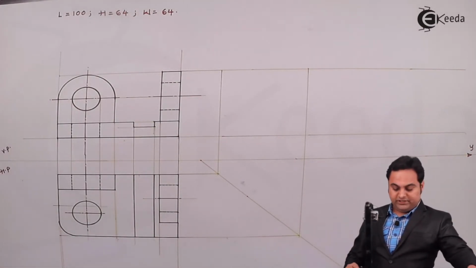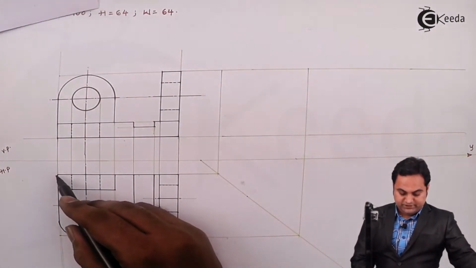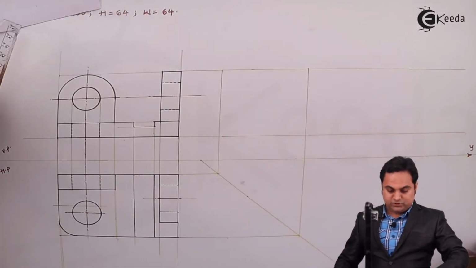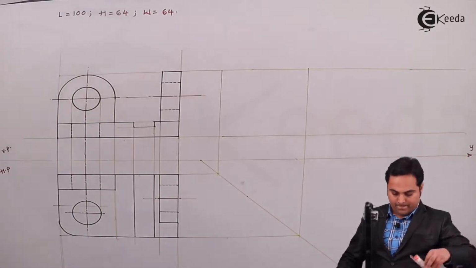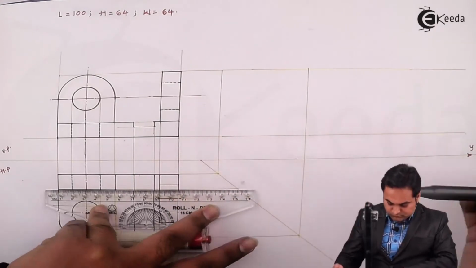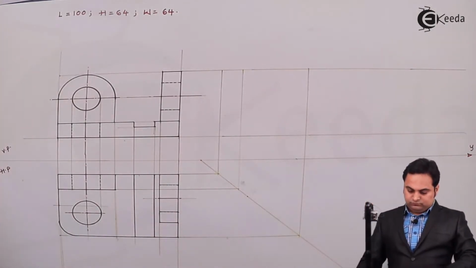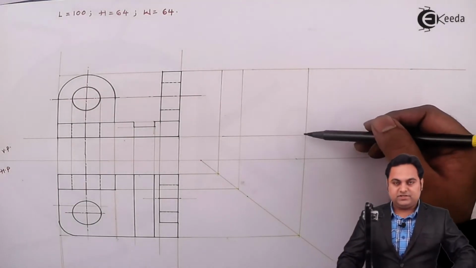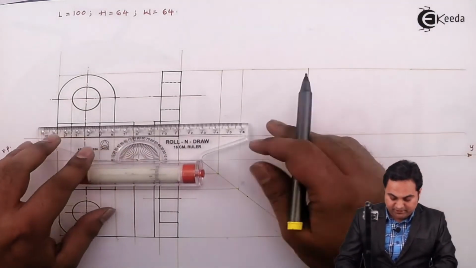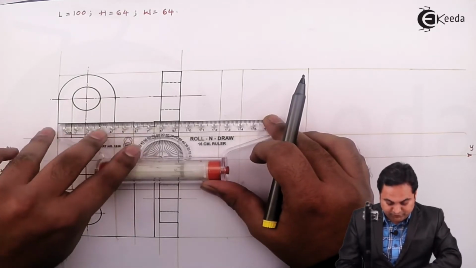Now that vertical semicircular block, in the top view it is here. So I'll get its width from the top view. Then there is another plate which is 15 mm height visible from the side, that can be projected from the front view.